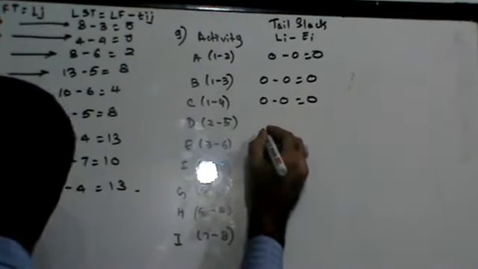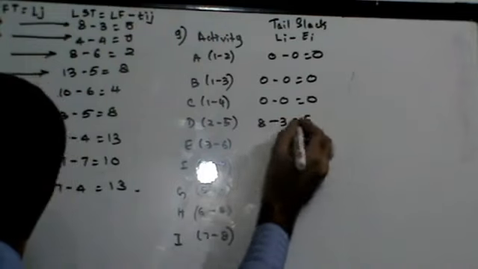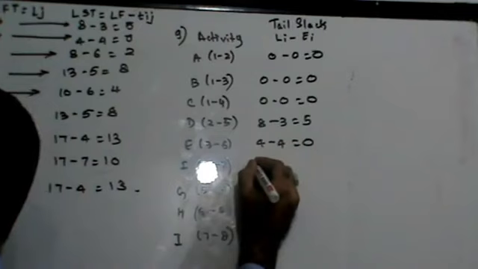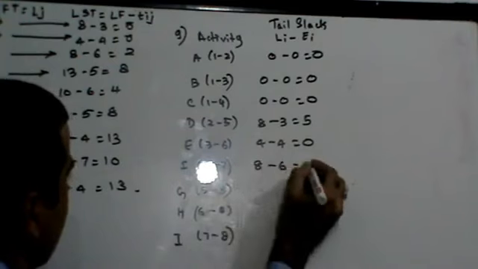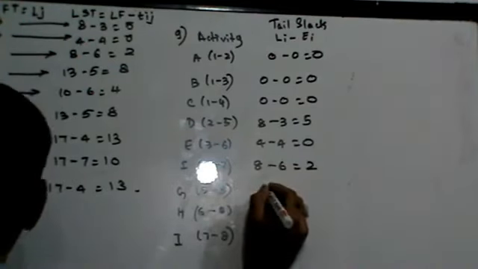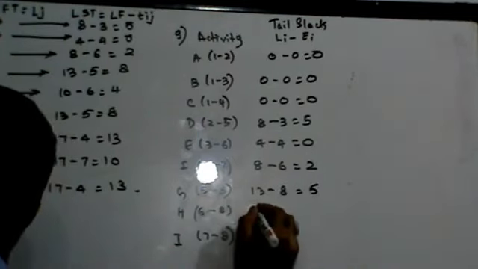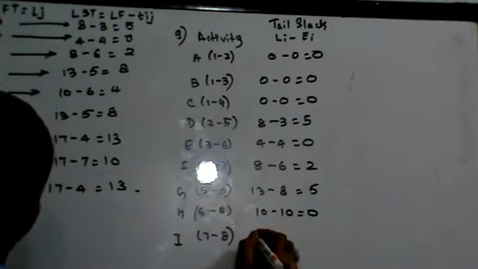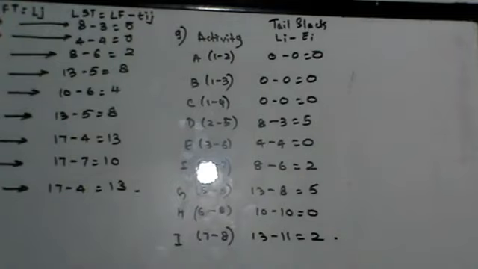For activity D, it is going to be 8 minus 3. For activity E, it is going to be 4 minus 4. For activity F, it is going to be 8 minus 6. For activity G, it is going to be 13 minus 8. For H, it is going to be 10 minus 10. For I, it is going to be 13 minus 11, which is 2. That's how you get your tail slack.